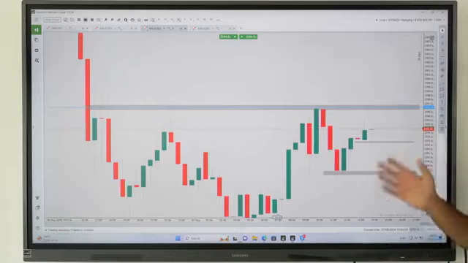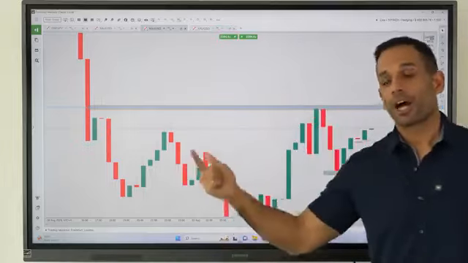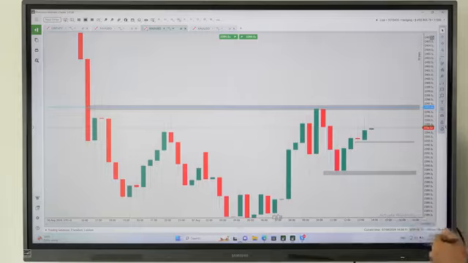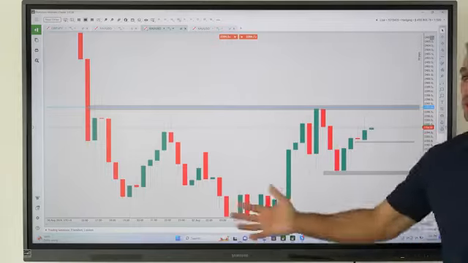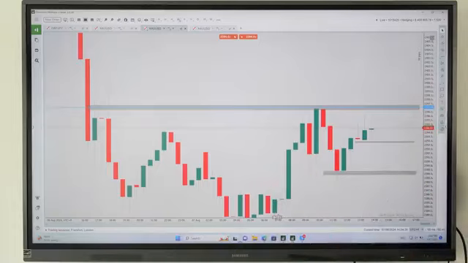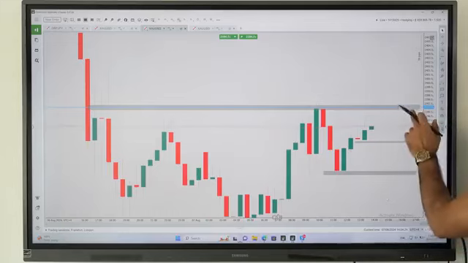Whenever you're doing analysis on the charts, you have to start from the daily, 4-hour, 1-hour, 30-minute, and as you move down the time frames, you have to adjust those zones, because adjusting those zones is very important. Only then will you be able to see which zone matters, how to do the zones, how fat your zone should be.